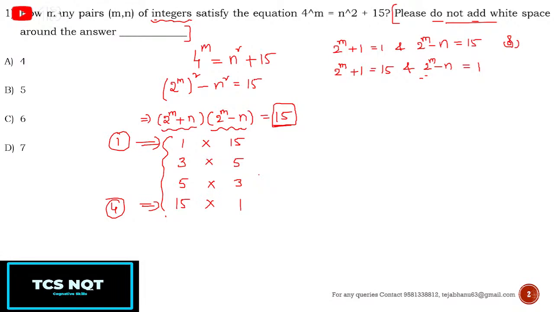Now, have a look at it. If you add these two, that is 2 power m plus n, sorry, this is n, right?